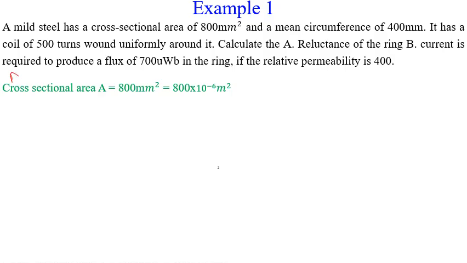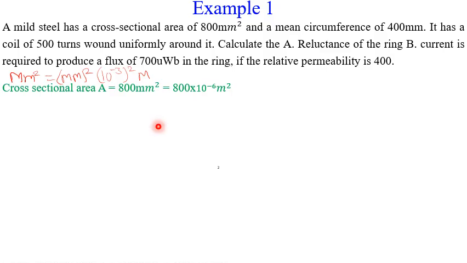The 800 mm square simply equals 800 times (10 to the minus 3) all squared, so the millimeter is squared. That is how I got my 800 times 10 to the minus 6. The area is always measured in meter square, so you have to leave your answer in meter square. That's why you have to convert it. This is the tricky part about these questions.